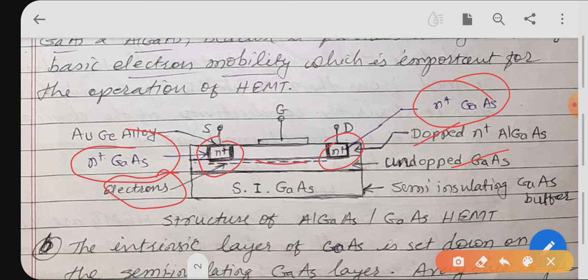So the bias voltage applied to the gate is used to modulate. Biasing is nothing but application of an external voltage to the gate terminal of the device, and this bias voltage is used to modulate the number of electrons in the channel formed from the two-dimensional electron gas, and therefore it ultimately controls the conductivity of the device.